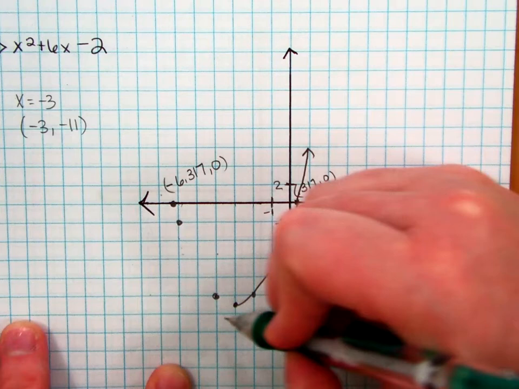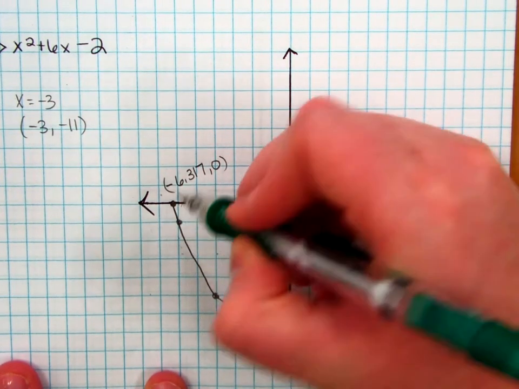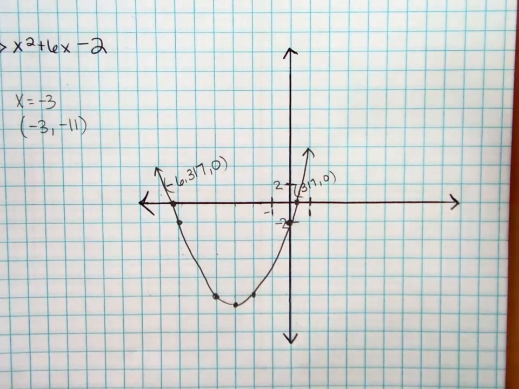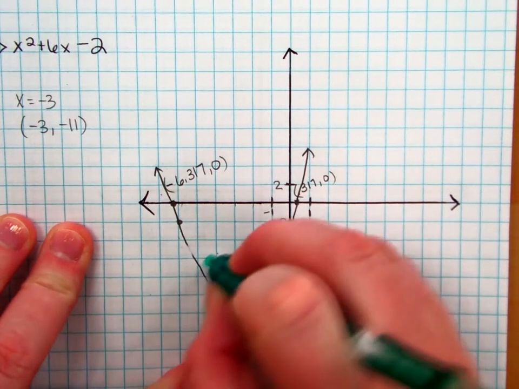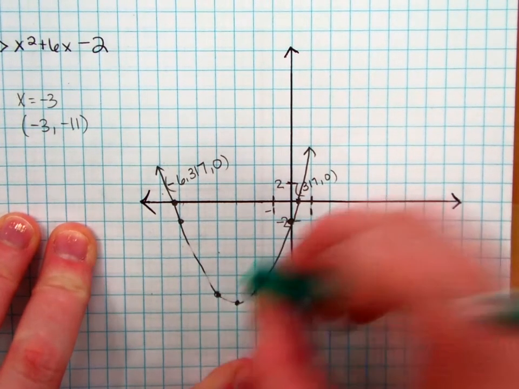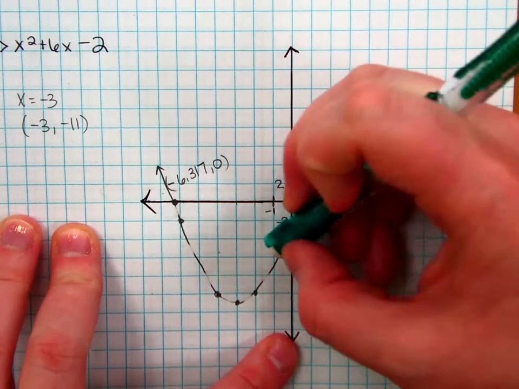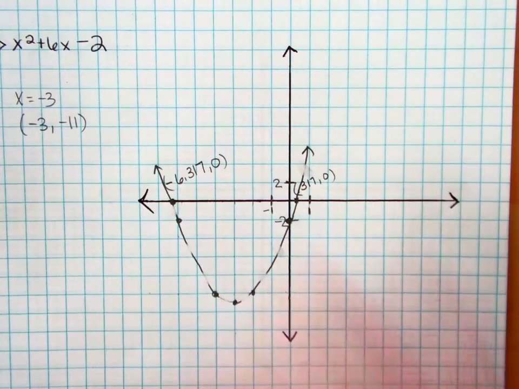I'm doing this in pencil for a reason, so I can erase afterwards, because I hate doing things in pen and then making a mistake. So there's my parabola. Then I'm going to come back here and erase out some things so I can see my dash. That way my teacher would know that my parabola is dashed.